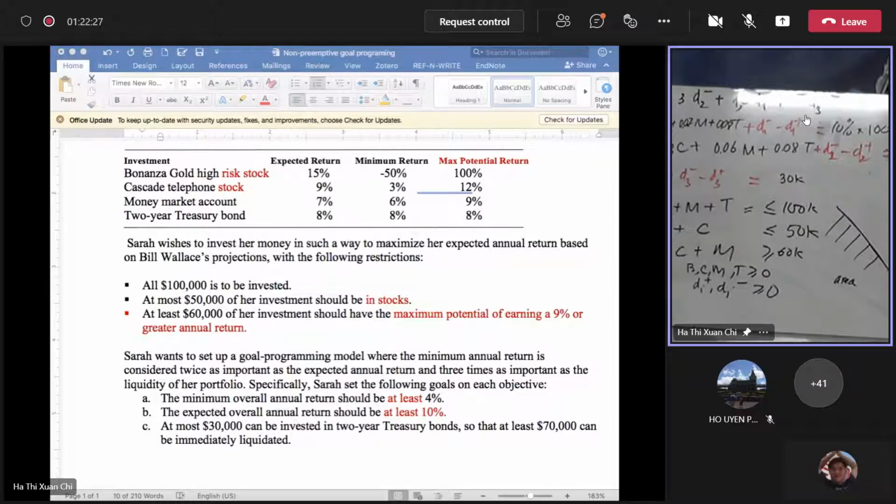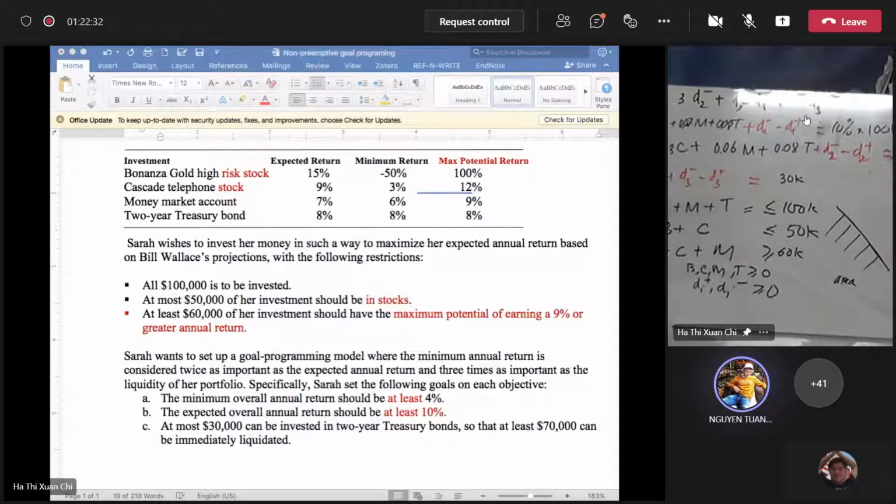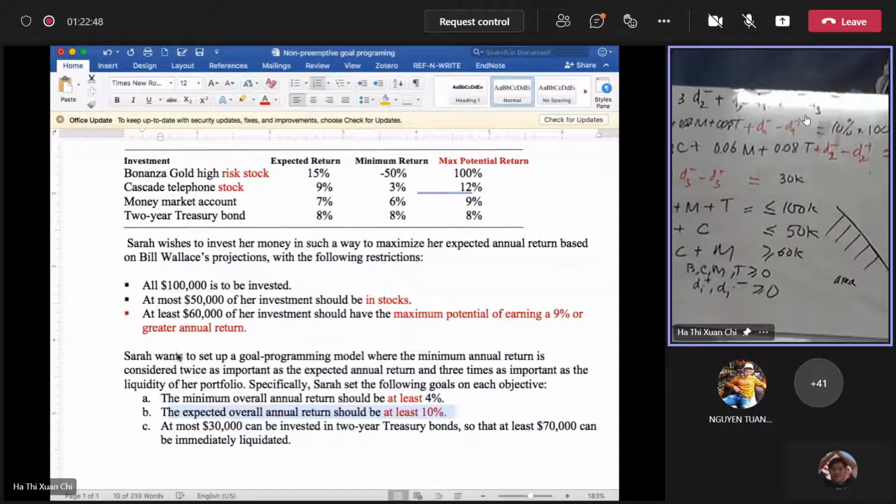Teacher. Yes. I want to ask about the objective function, the coefficients 3 and 1.5. Where do they come from? Yes. Here you see that. Look at this. Sarah wants to set up a goal model where the minimum annual return is twice as important as the expected annual return.